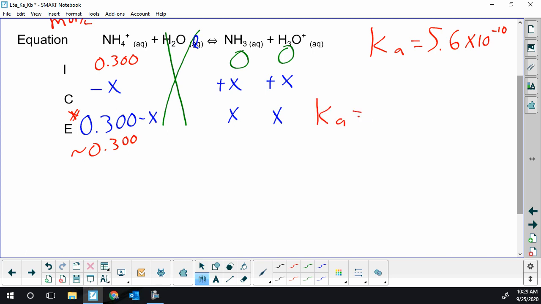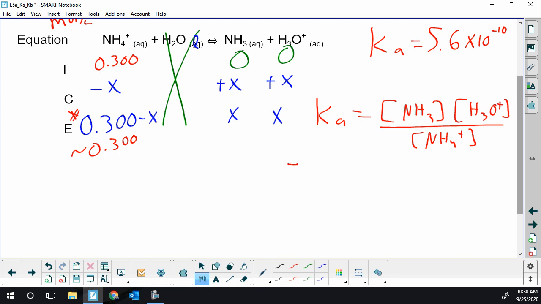So Ka equals concentration of ammonia, which is that guy. So on the top, we're going to have X and another X. You're going to see this X squared all the time.